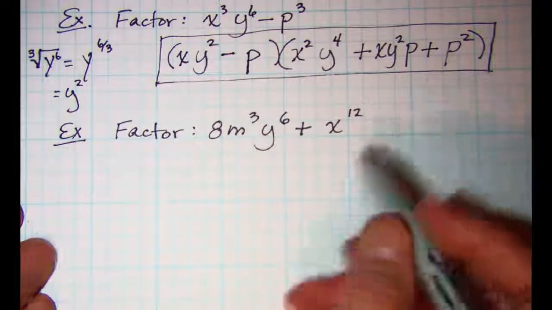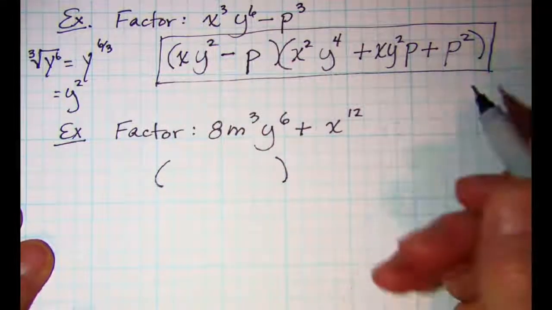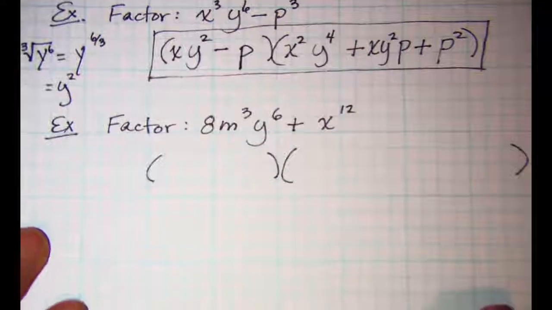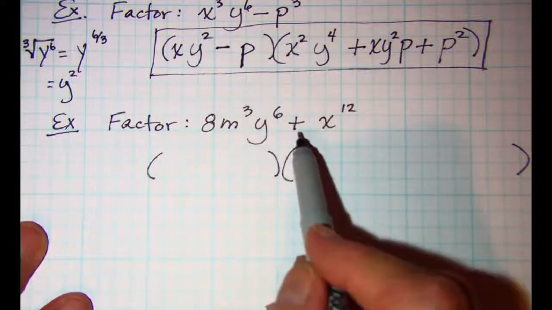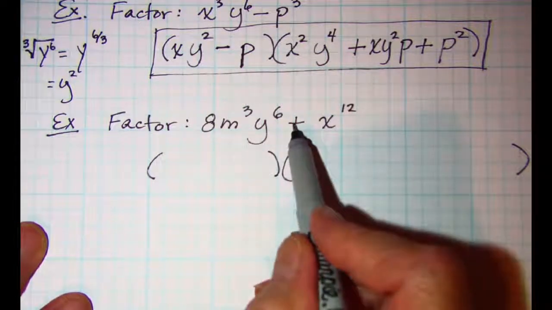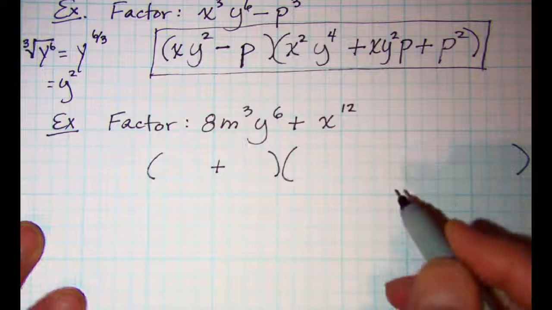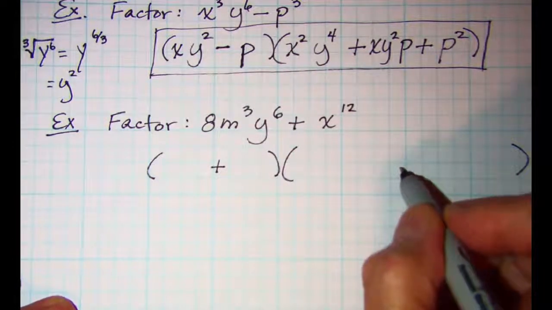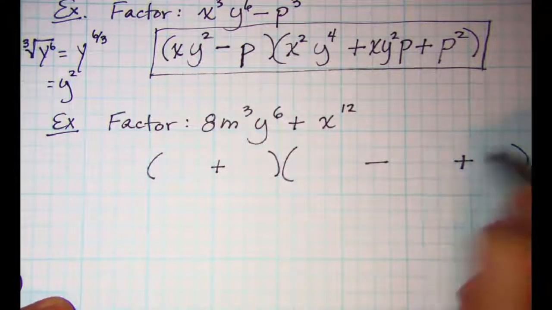So I can factor this. And I have a binomial and then a trinomial. Nice long one. My signs in each of these expressions, since this is plus, I'm going to have a plus in the binomial, and then in my trinomial I'm going to have a minus and a plus.